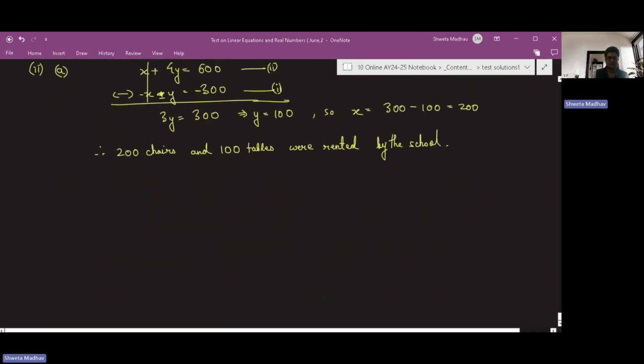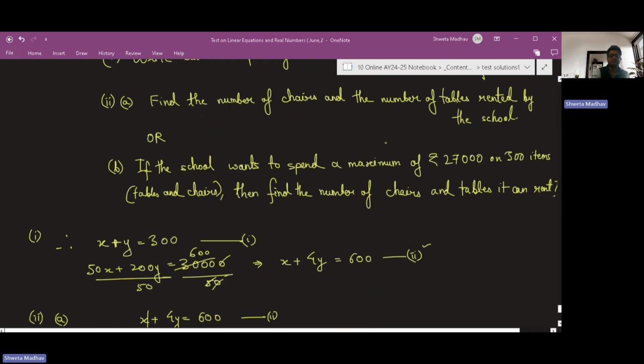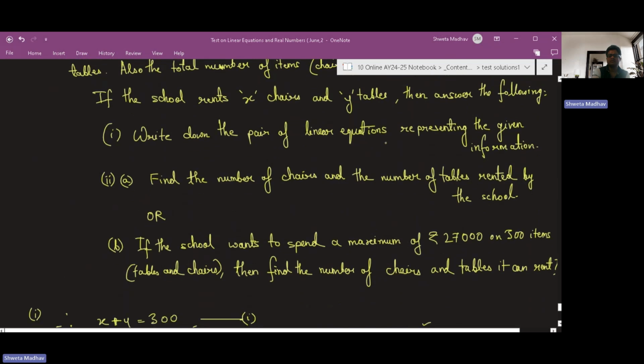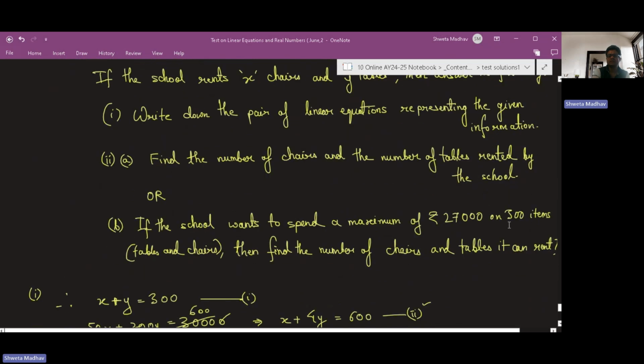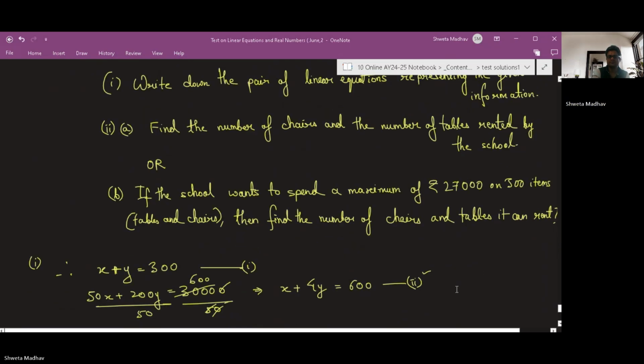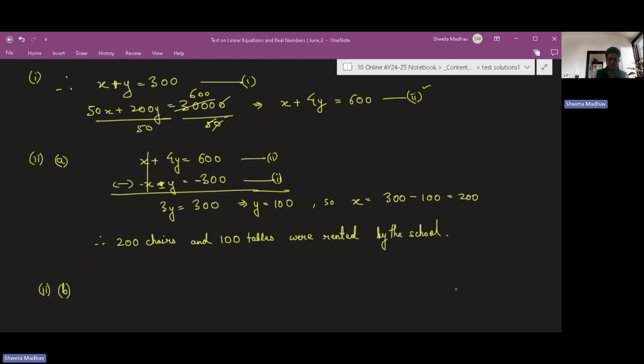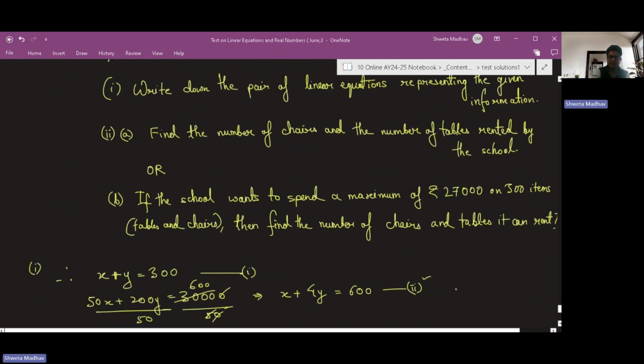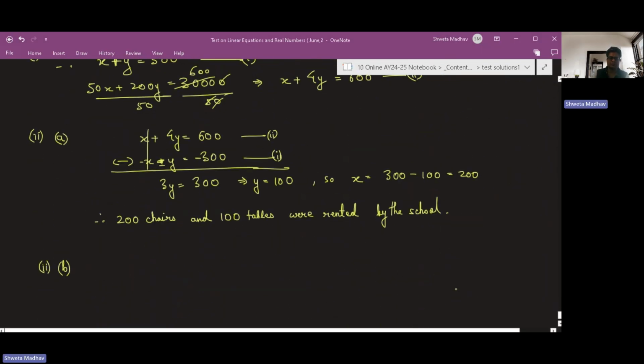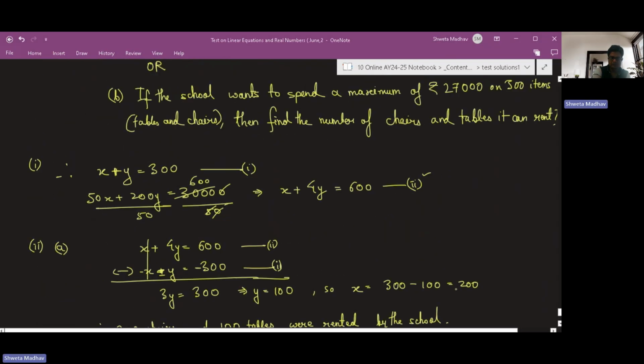Then the second subpart B says that if the school wants to spend a maximum of 27,000, then find the number of chairs and tables it can rent. So therefore, the maximum the school can spend is 27,000. The first equation will remain the same, X plus Y equal to 300, since it has to rent 300 items only.